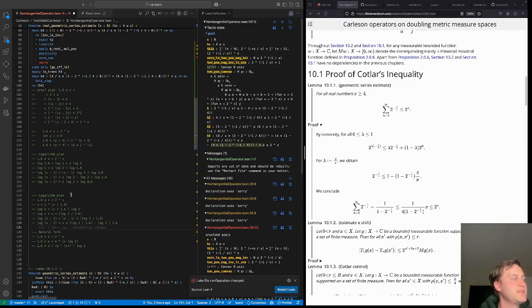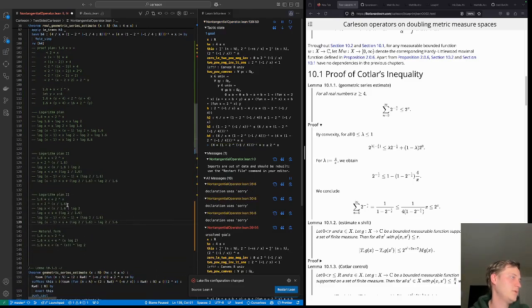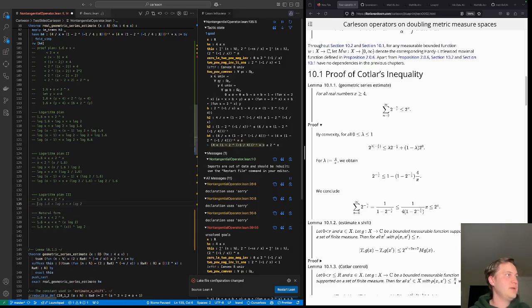What I really want is just the expression x minus 1 on one side, because I want to see what the logarithm looks like. So this is logarithm plan 2. Maybe I can understand it better if I do it a third time. Logarithm plan 3. What I simply want, okay, all right, trying again.